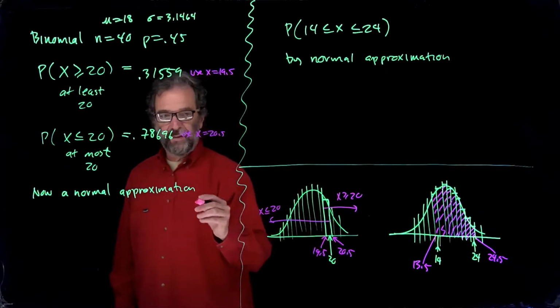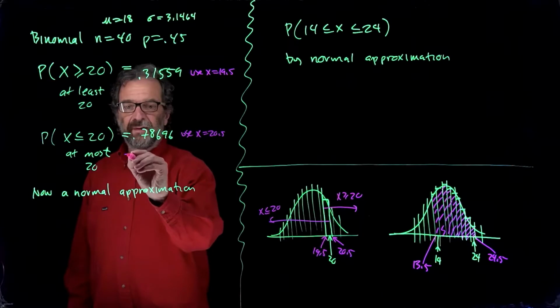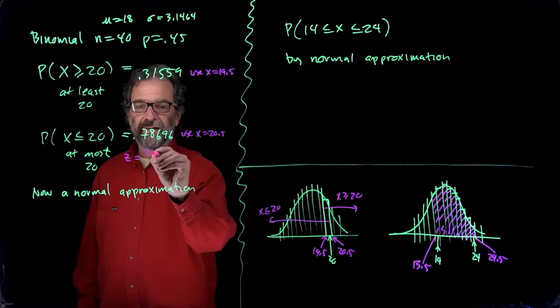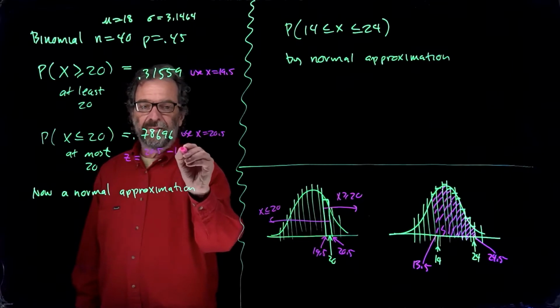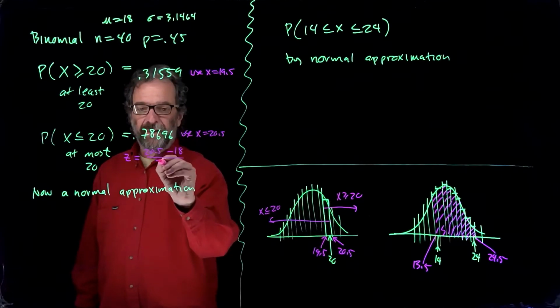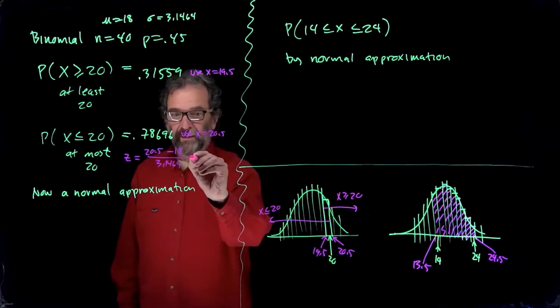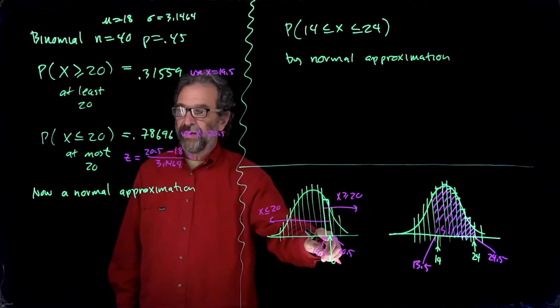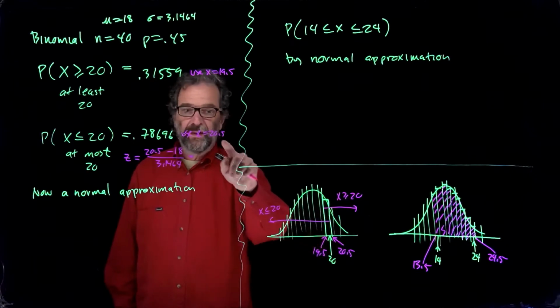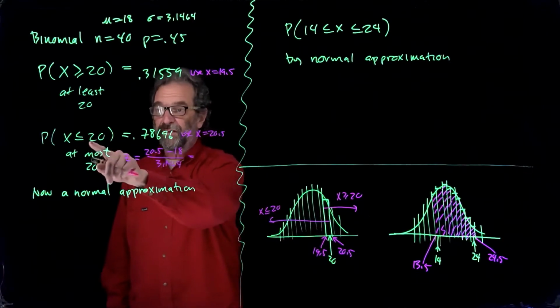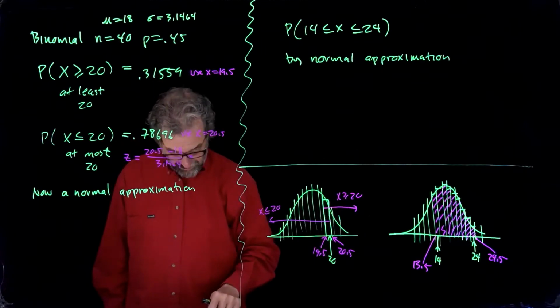So 20.5 is the x, minus the mean of 18, divided by the standard deviation, 3.1464. That gives the number of standard deviations 20.5 is from the mean, and then we look up the area left, which matches the area left of 20, including 20.